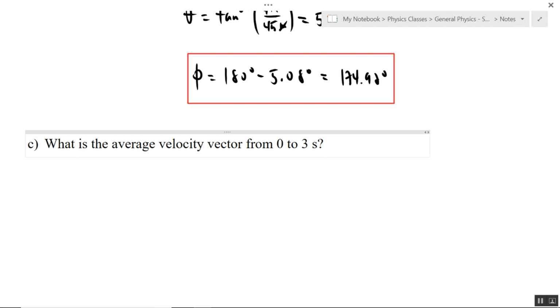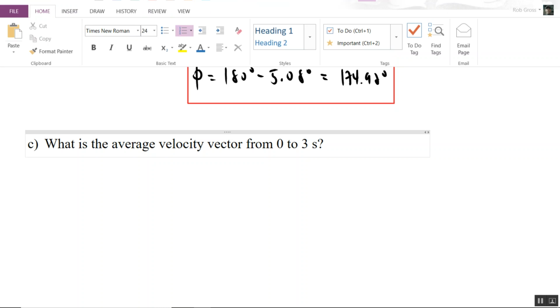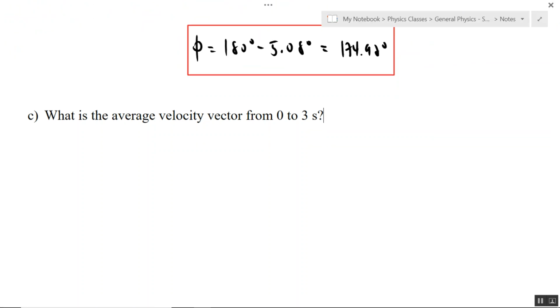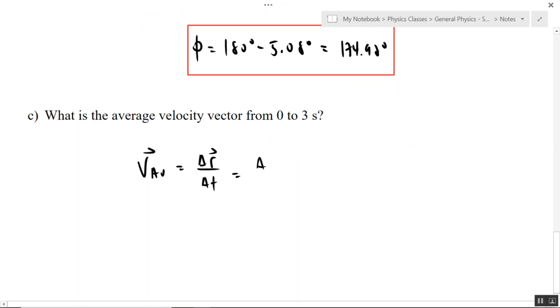Okay, so like I just said, this is how you find the average velocity vector. Delta x is the x component of the displacement vector, and delta y is the y component of the displacement vector.